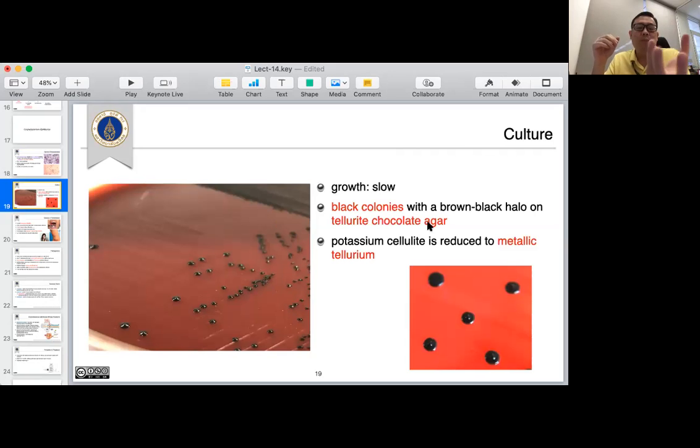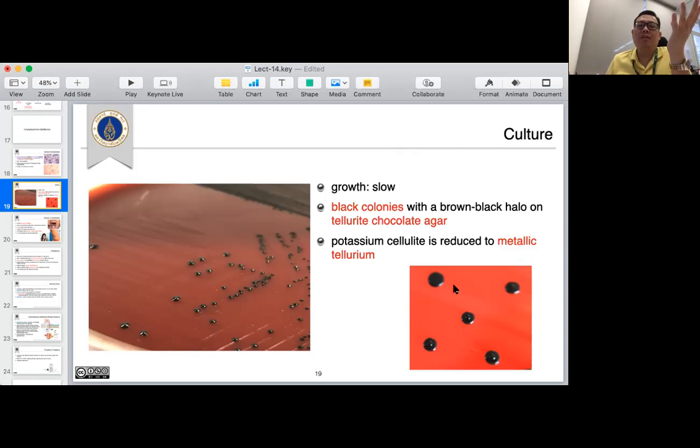When you prepare the blood agar base, you need to wait until it cools down, maybe to 50 degrees Celsius, and then add red blood cells. But if you add red blood cells while the media is still hot, like 80 to 85 degrees Celsius, all the red blood cells will lyse and turn brown.